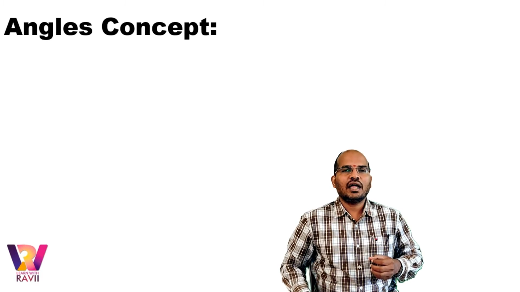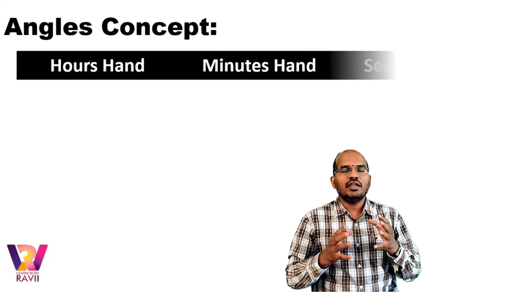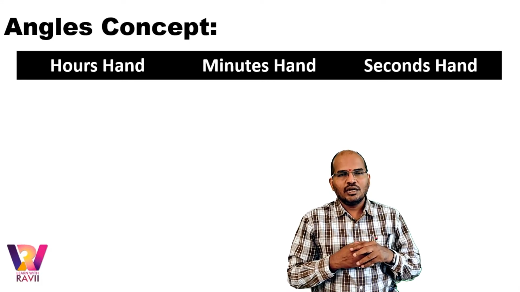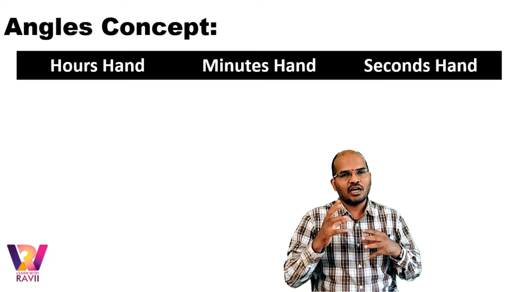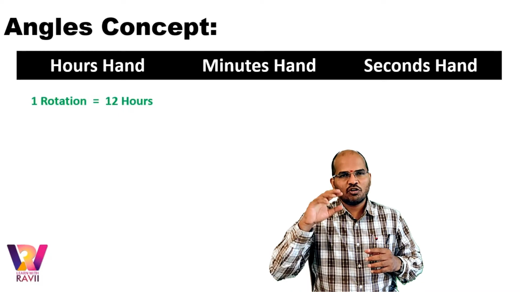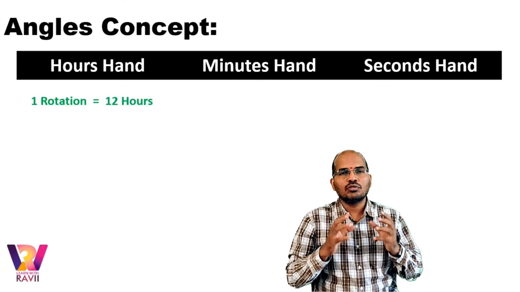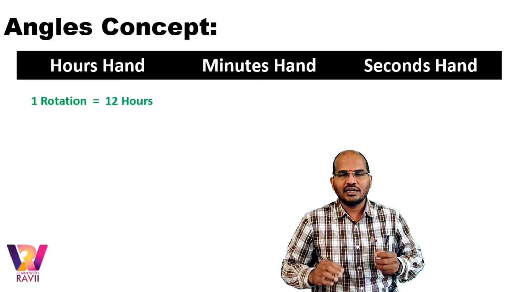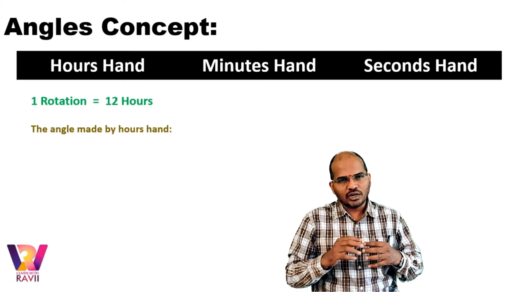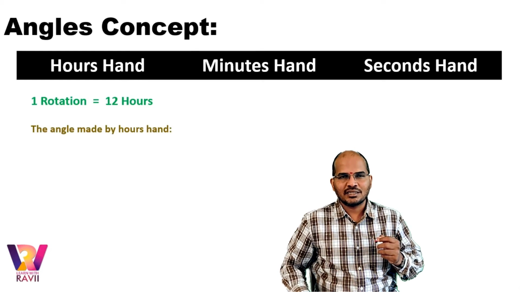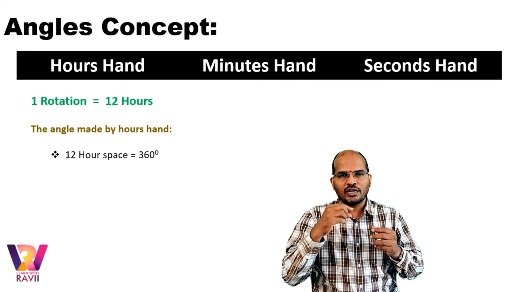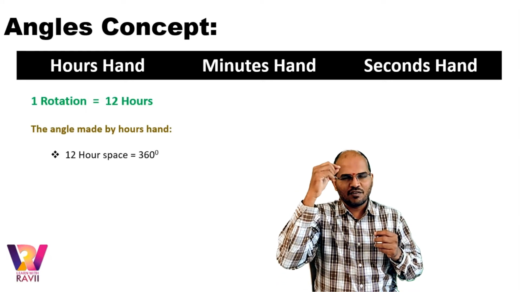Now let us see the angle concept. In the clock I spoke that we have hour hand, minute hand and second hand. Now let us speak about the angles made by the hour hand in the clock. Generally when you say one rotation of the hour hand, it is equal to 360 degrees. Clear with that? In one rotation, it is 360 degrees, which means 12 hour spaces, 1, 2, 3, 4, 5, 6, 7, 8, 9, 10, 11 and 12.